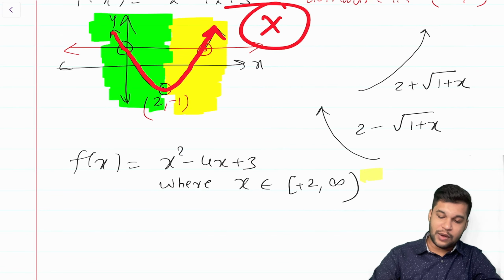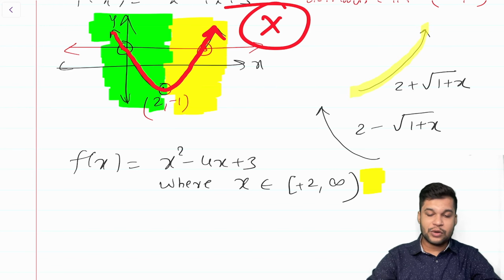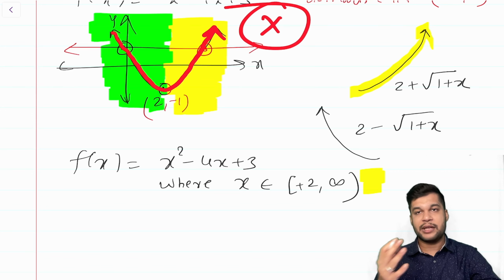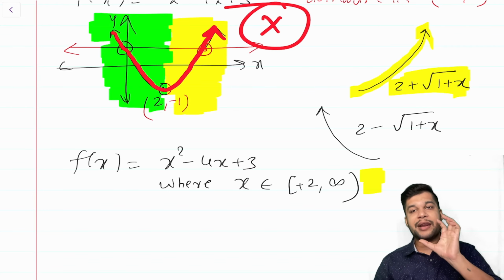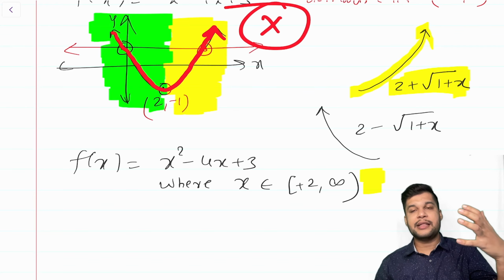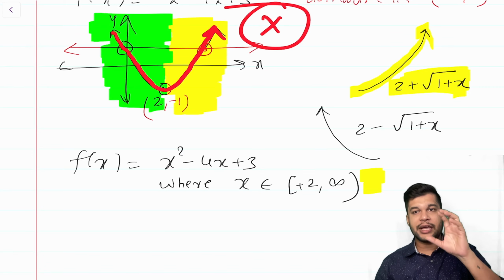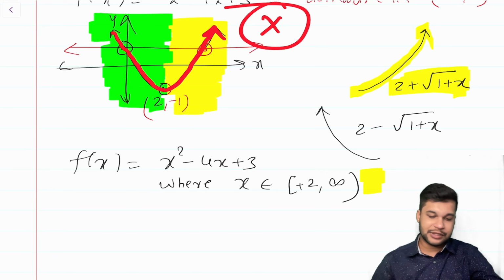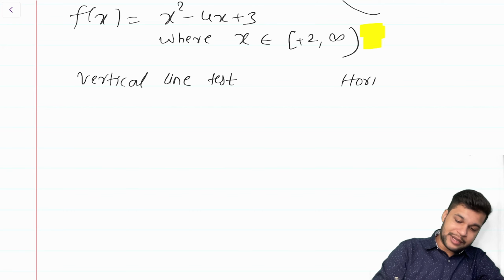Your graph will look something like this, and the inverse will be this. So you can restrict the domain, and then you can say that the inverse exists. But for the entire domain, for all real values, the inverse doesn't exist. So you have two tests: one is vertical line test, and the other is horizontal line test.